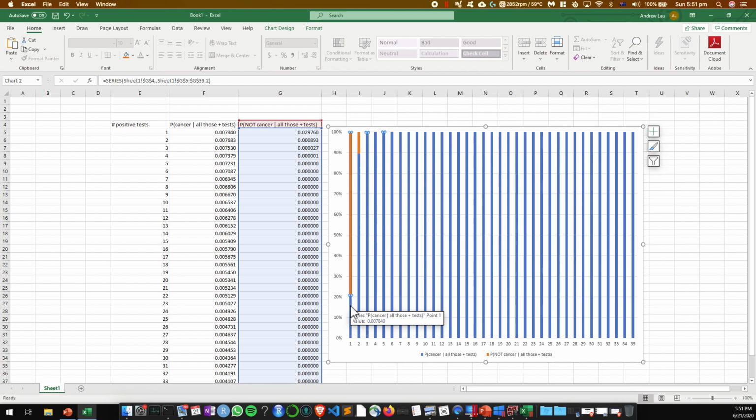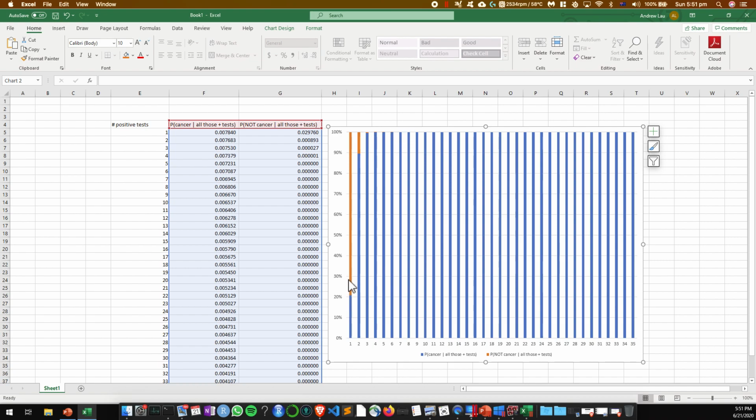Wait, is this labeling right? No, it's that one. Yes, after 1 test, it's 21%. After 2 tests, the chance of you having cancer is almost 90%. Ignore the label because this one is unscaled. It's a relative risk. After a few, it gets high.